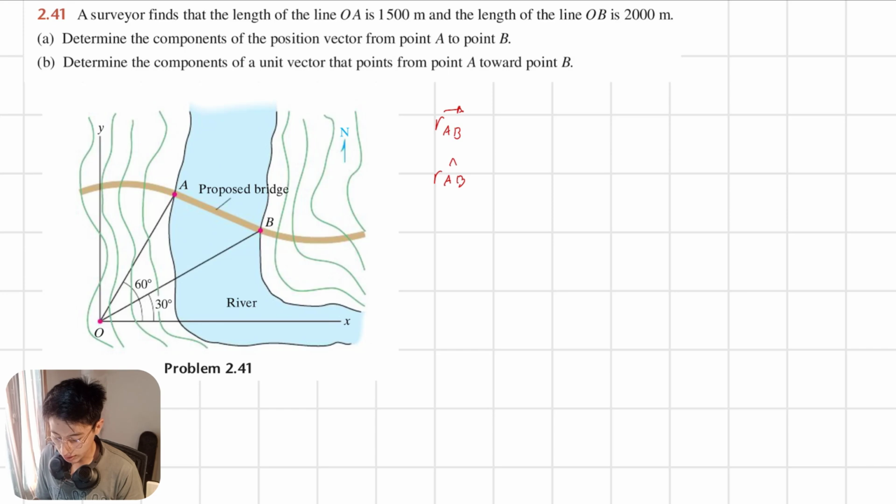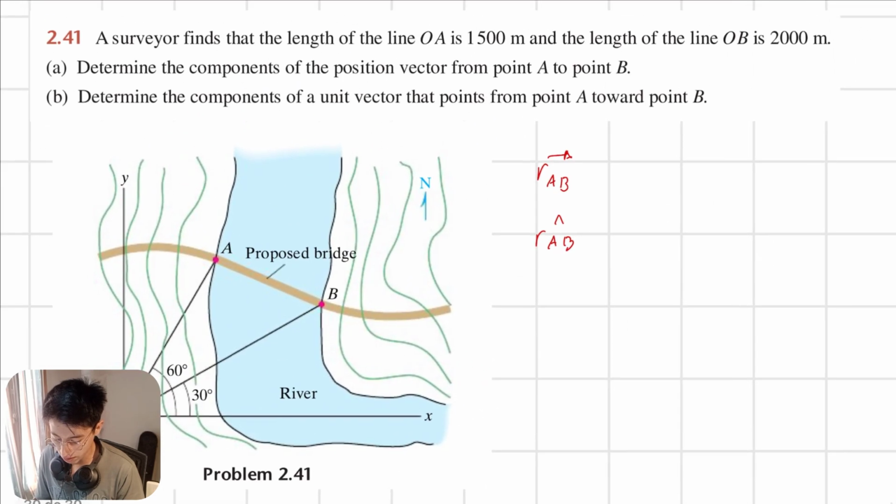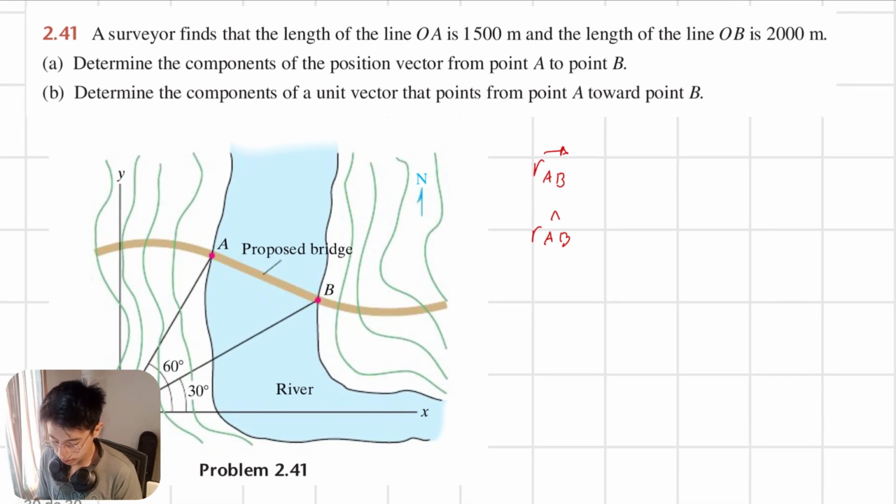So let me check. We have right here the angle with respect to the x-axis, right? So let me write down right here that the magnitude for this vector is equal to 1,500 meters and for the other is 2,000.